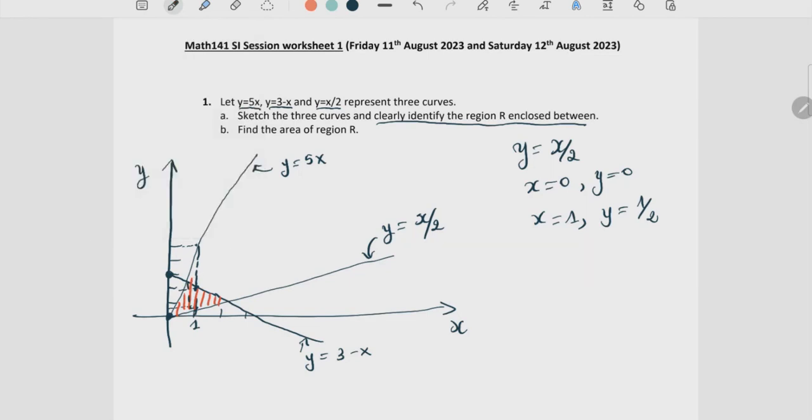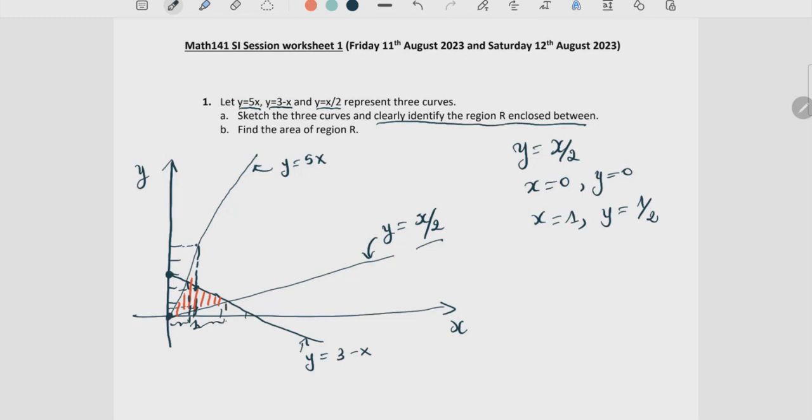So there's the region where the curve y is equal to 5x is on top of the curve y is equal to x over 2, right? So that's the first region here, if you can see.